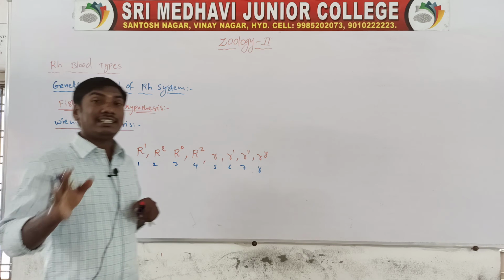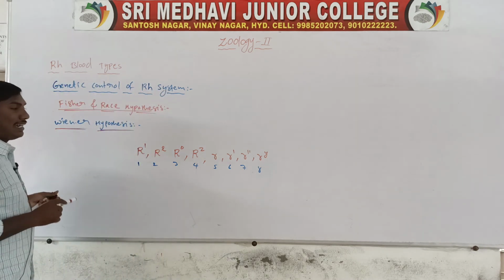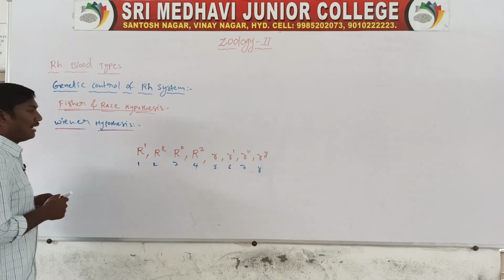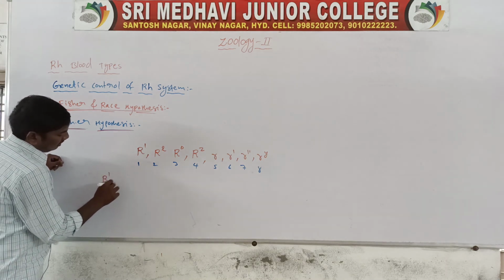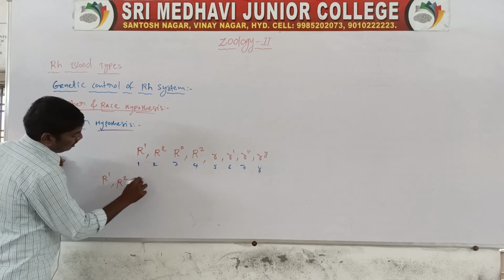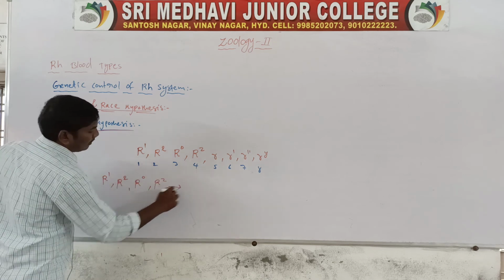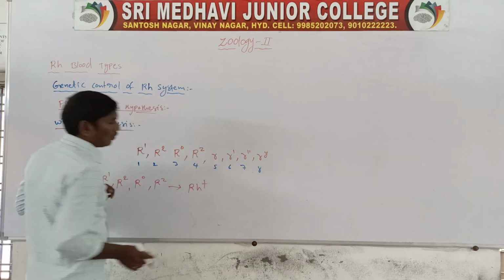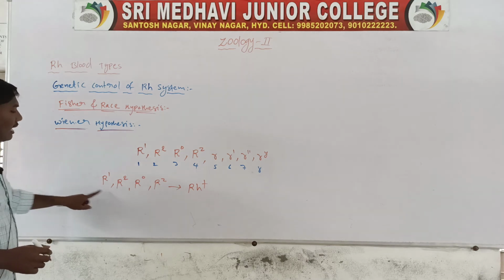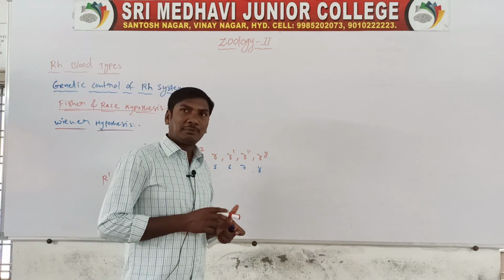Among these, the dominant R alleles like R1, R2, R0 and RZ make the person's blood group Rh positive. When the dominant R is present, that person's blood group is called Rh positive.